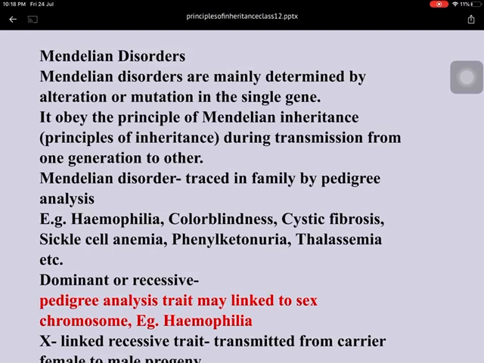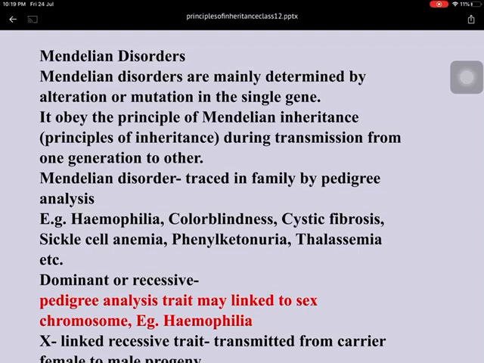And in Mendelian disorder, this is very important to see, it obeys Mendelian inheritance principles at the time of transmission from one generation to the other. So Mendelian disorders obey principles of inheritance when genes transfer from parent to next generation.